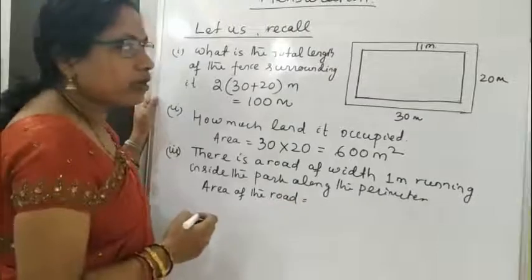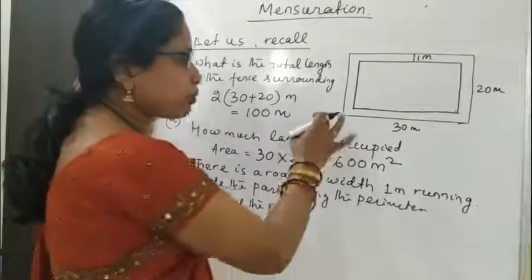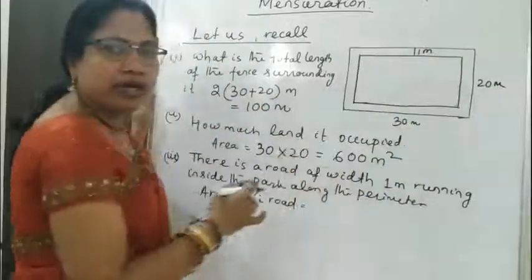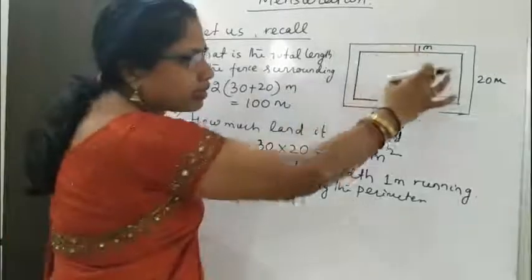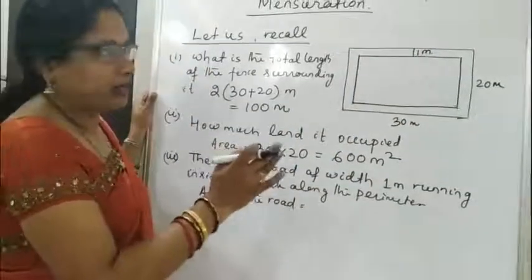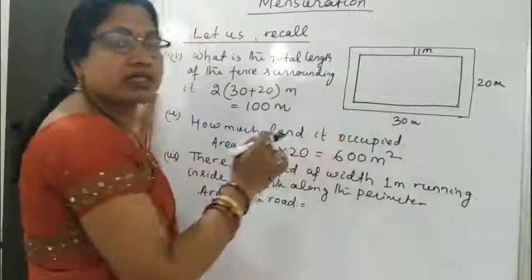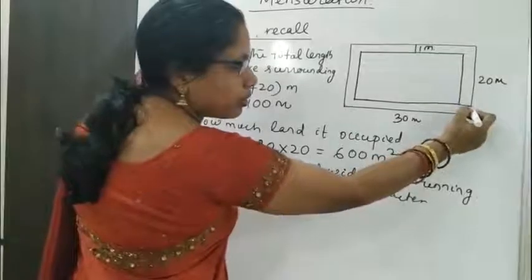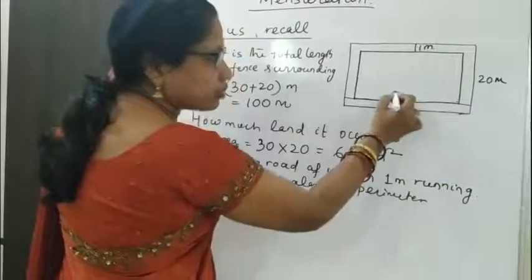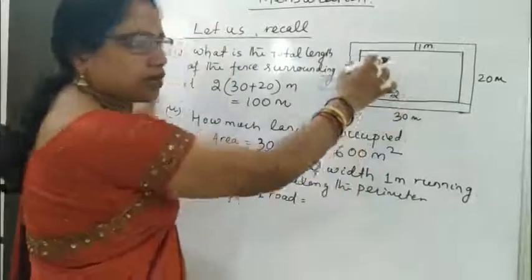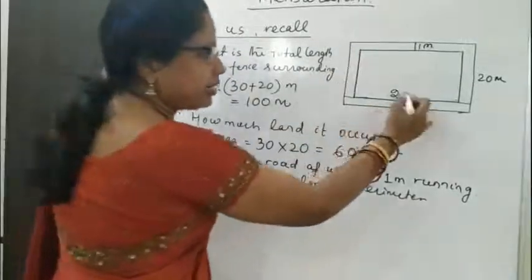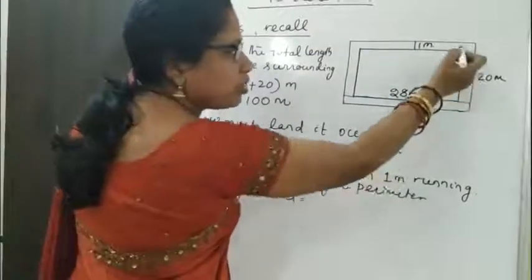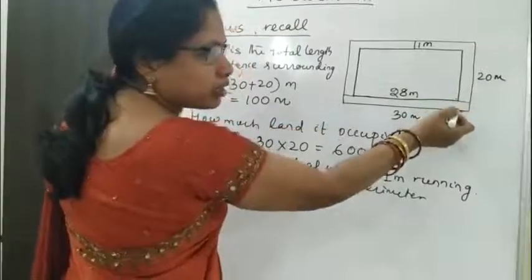So to find the area of the road, first we have to find the area of the outer rectangle minus the area of the inner rectangle. For the outer rectangle we know the length and breadth, but for the inner rectangle what is the length? The total length is 30 meter. Here 1 meter width, here also 1 meter. So the length of the internal rectangle is 28 meter. Like this, the breadth also, here 1 meter less and here also 1 meter less.